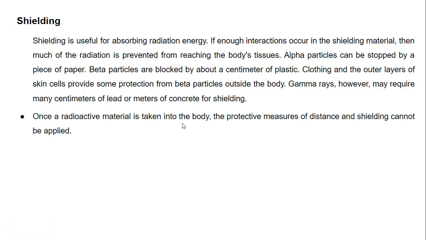Once a radioactive material is taken into the body, the protective measures of distance and shielding cannot be applied, because once it has penetrated into the human body, it is unstoppable.